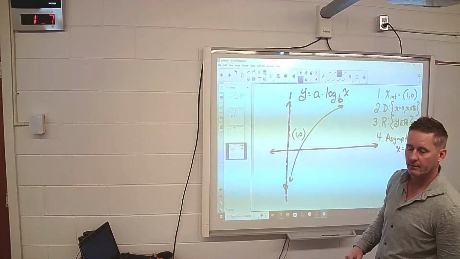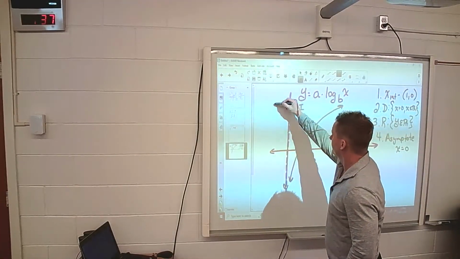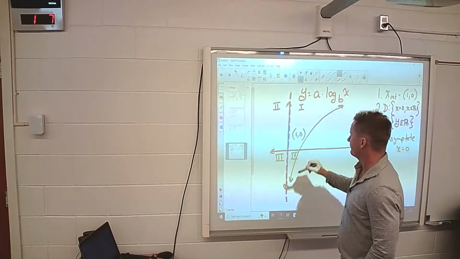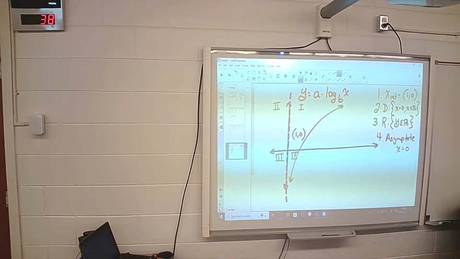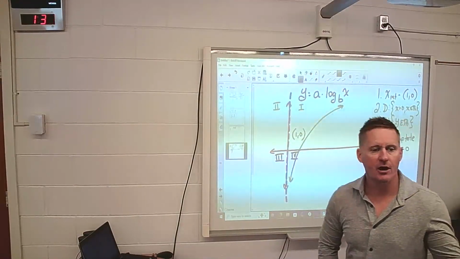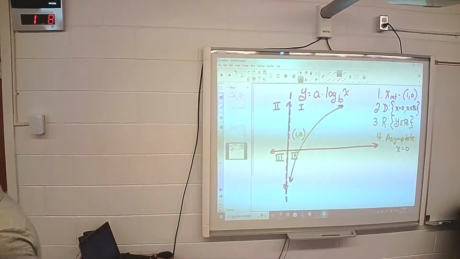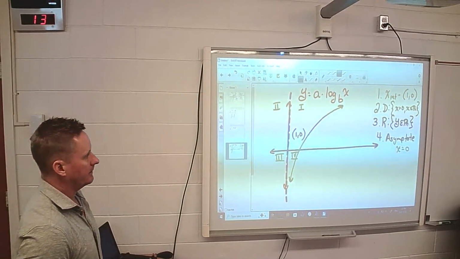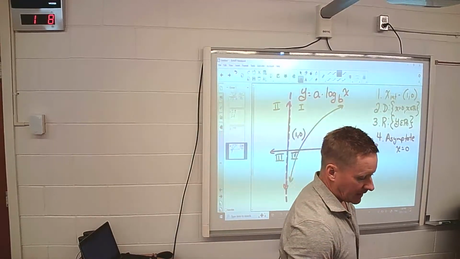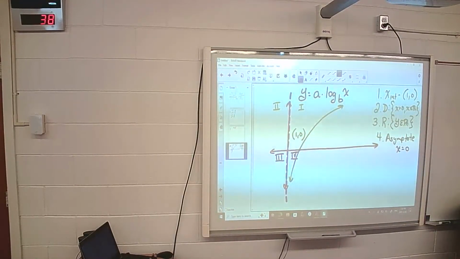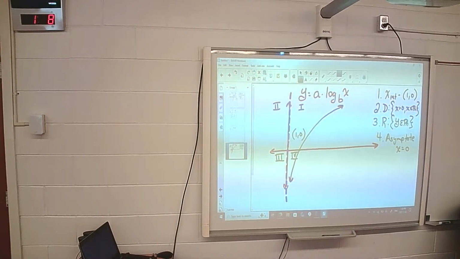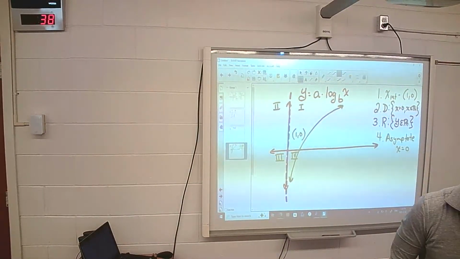Left and right, like 1, 2, 3, 4. 4 to 1. Attaboy. End behavior for this graph is 4 to 1. Okay? How many y-intercepts are in this graph? None. Okay, that's what we need to know about logarithm so far.